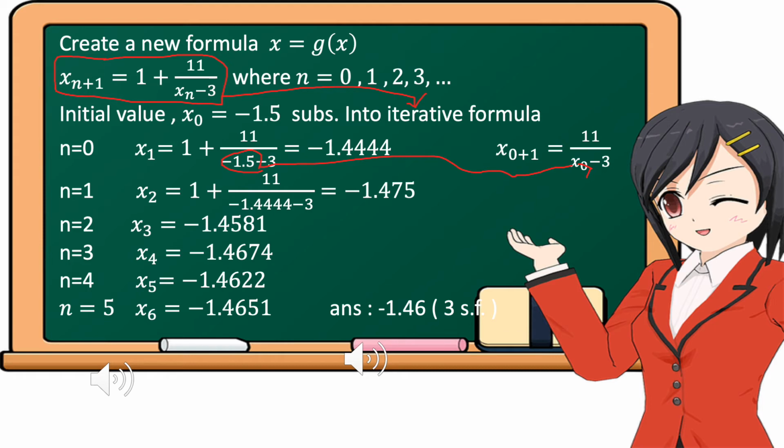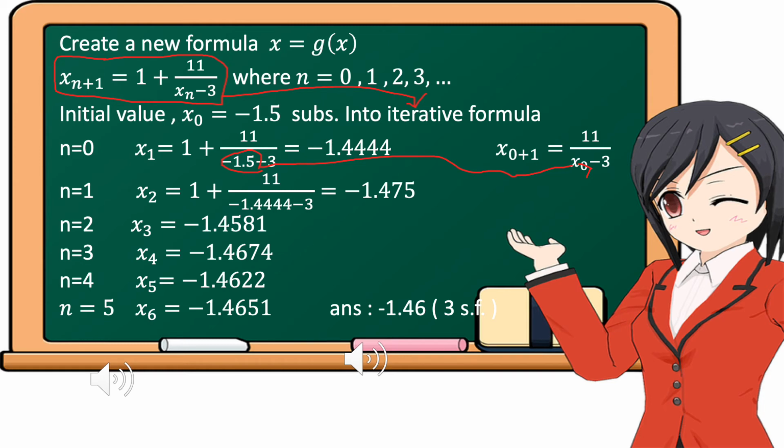The initial value x0 equal to negative 1.5 is substituted into the iterative formula. Now we apply the iterative formula to get the approximate solution. When n equal to 0, we get x1 equal to 1 plus 11 over negative 1.5 minus 3, equal to negative 1.4444.